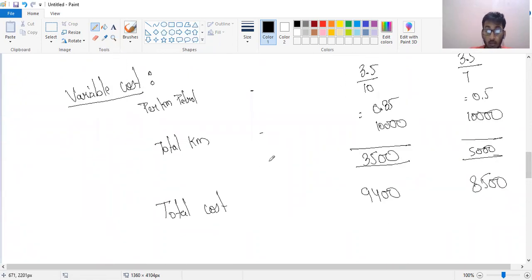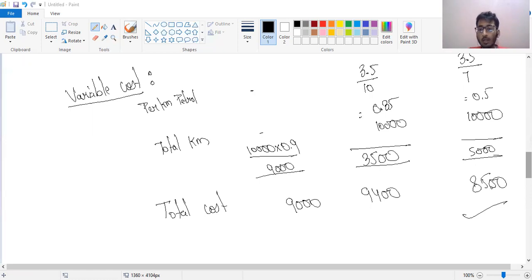And then hired taxi, I forgot hired. In hired taxi, it would be 10,000 multiplied by 0.9, or 9,000. So which option is best? I can say purchasing the old car. Purchasing the old car is best because the amount is less.